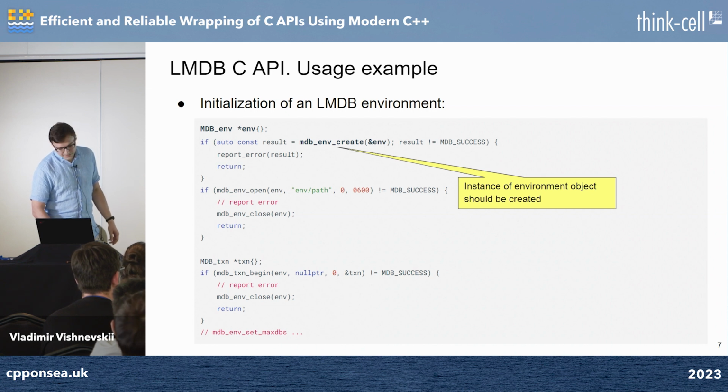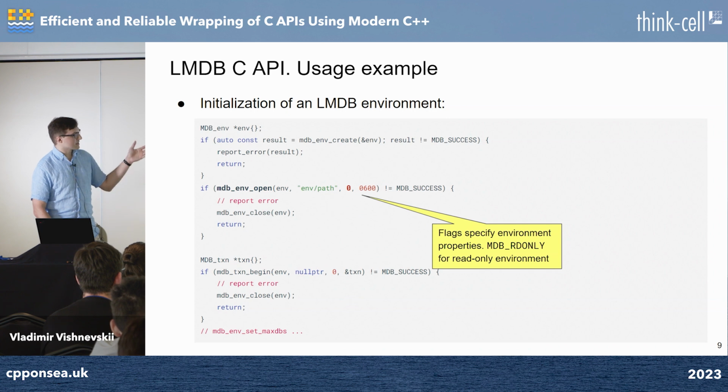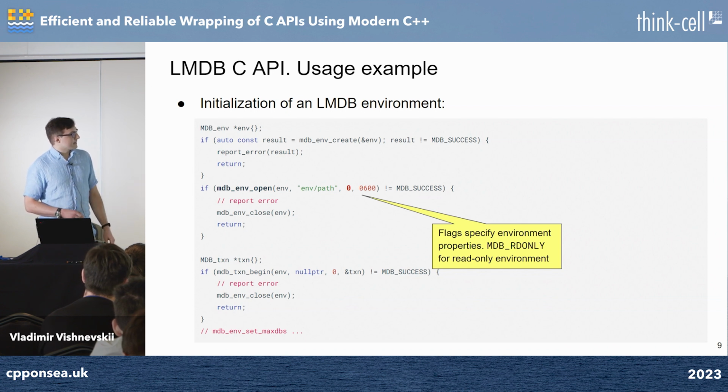After the environment is created, it is supposed to be opened. We need to provide the path to the location, and then we also need to provide some flags. For example, there is the MDB_RDONLY flag, which specifies that the environment is opened in read-only mode. That means that all operations on the objects associated with the environment should be read-only.